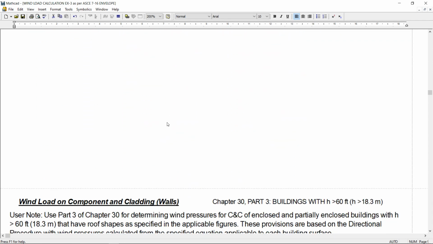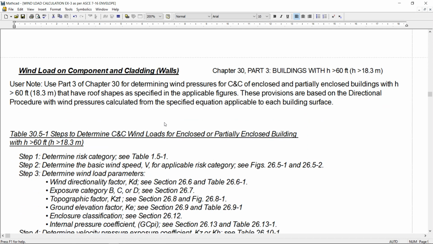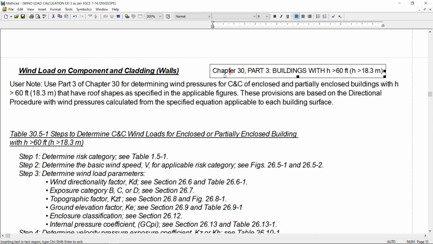Now I added wind load on component and cladding, that means first wall. And I took from chapter 30 part 3, buildings with height greater than 60 feet.